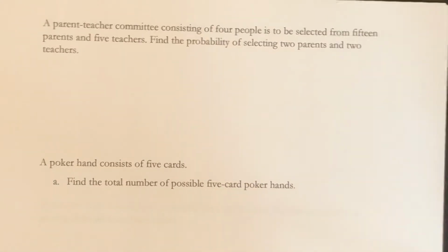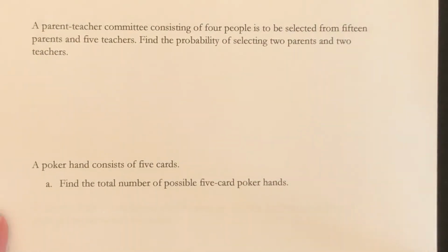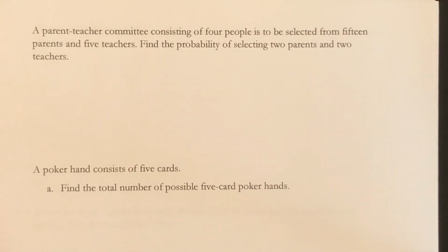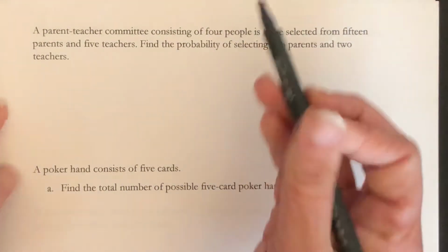So let's say a parent-teacher committee, consisting of 4 people, is to be selected from 15 parents and 5 teachers. Find the probability of selecting 2 parents and 2 teachers. First of all, we need to figure out how many different ways we can pick that committee.